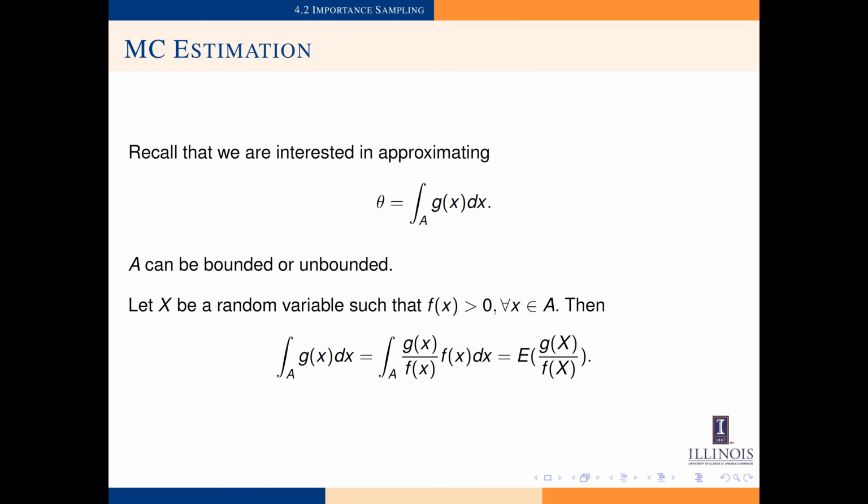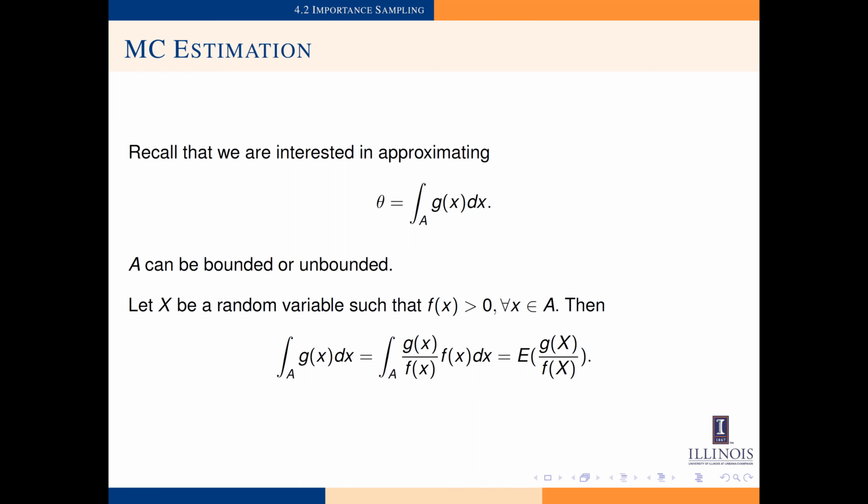Further, let's let x be a random variable such that f of x, its probability density, is greater than 0 for any x that is in the region A. In other words, A is either equal to the support of f of x, or the region A is a subset of the support of x.